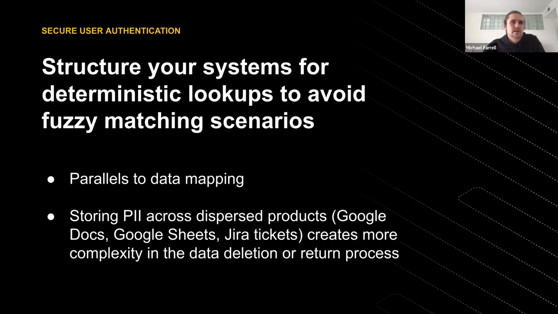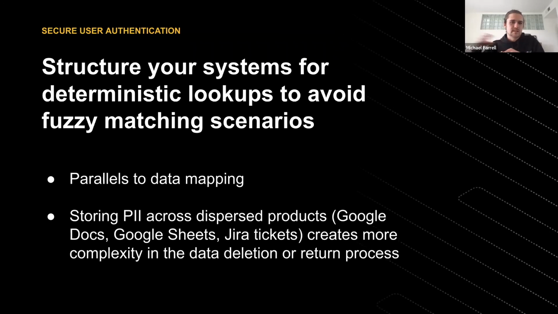For systems where PII is not structured, think a Google Doc, a Google Sheet, a Jira ticket, Slack. Like I said, there is a place for scanning those systems and finding unstructured data. However, the most common approaches we actually see are searching those systems, but then when data is actually found in that system, it's normally like, let's clean this up.